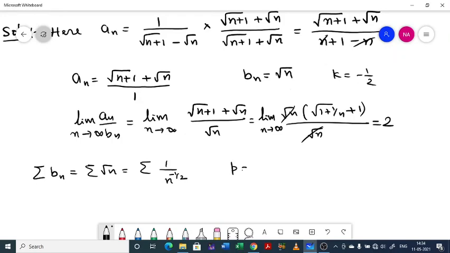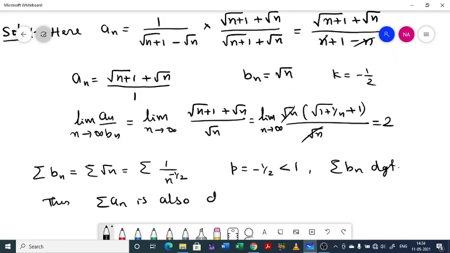So p is minus 1 by 2, which is less than 1, right? Yes. Now it is divergent. So summation bn is divergent by the p-test. Thus summation an is also divergent.